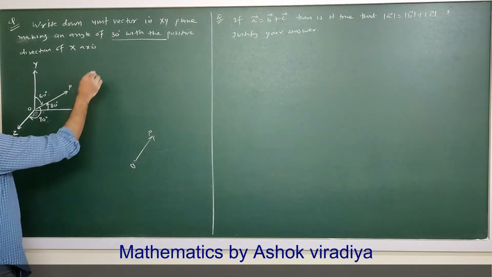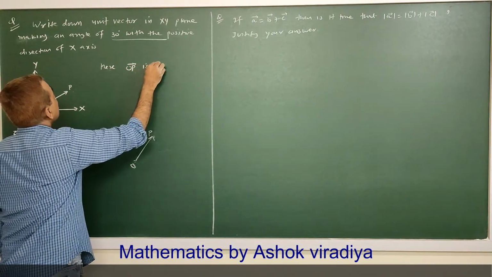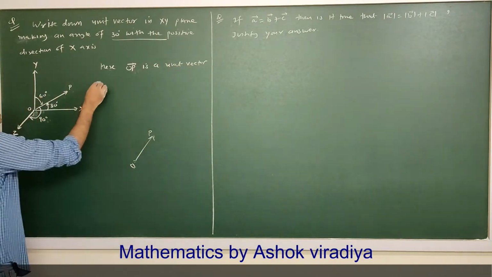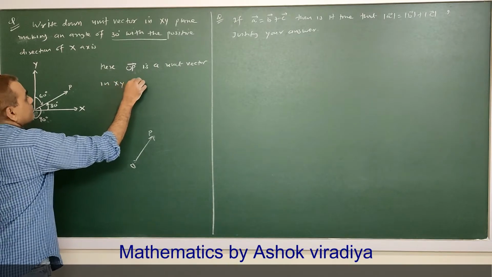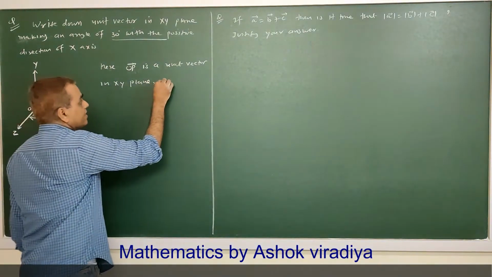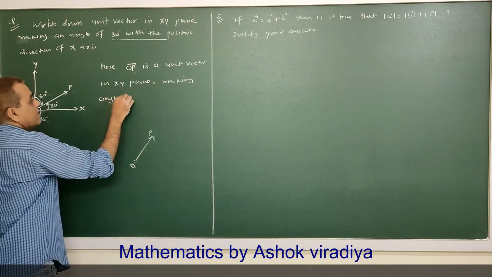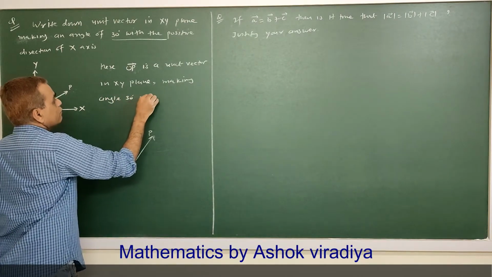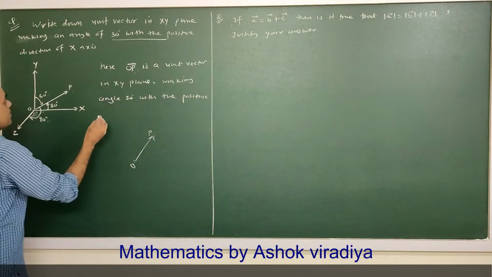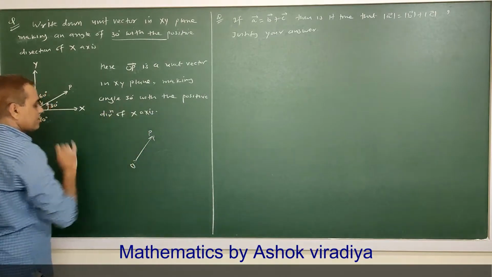So here OP is a unit vector in xy plane making angle 30 degrees with the positive direction of x-axis.